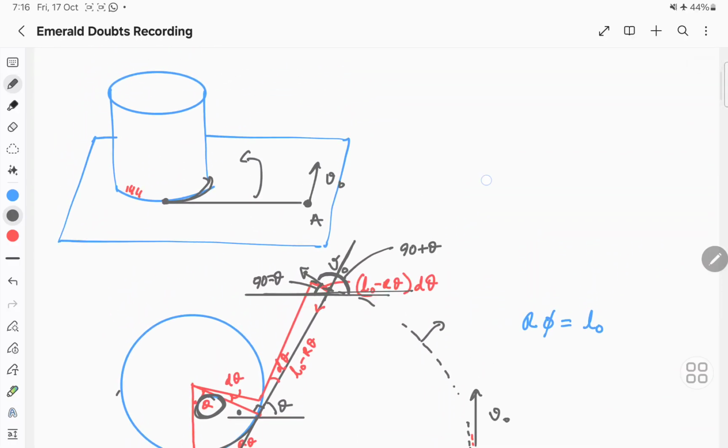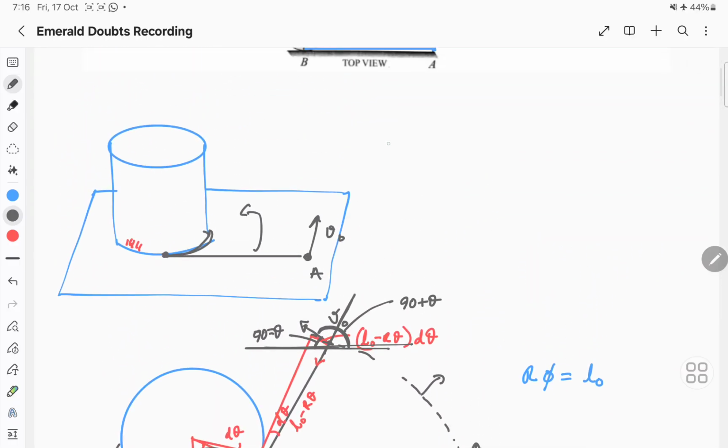So we can say the length of the curvature, let me call it S, is equal to the integration of sec of 90 plus theta into d theta.